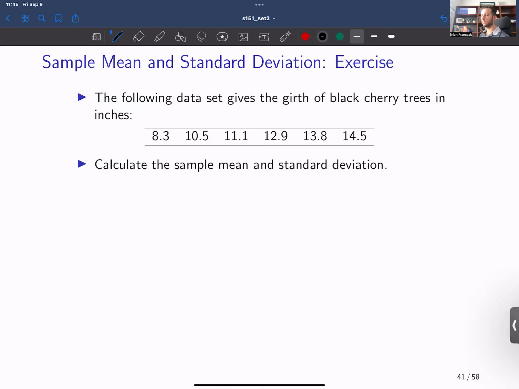In this video, we're going to work through an example of how to compute the sample mean and the sample standard deviation by hand, using the data of girth of black cherry trees given on slide 41 of lecture set 2. I will provide a complete breakdown of how we can compute each of those two quantities, the sample mean and the sample standard deviation.